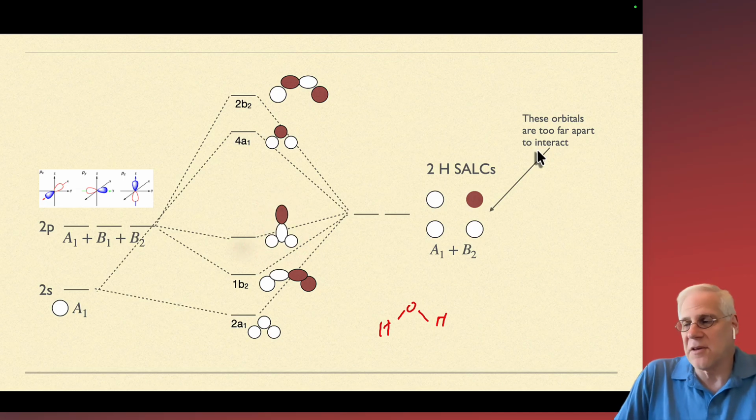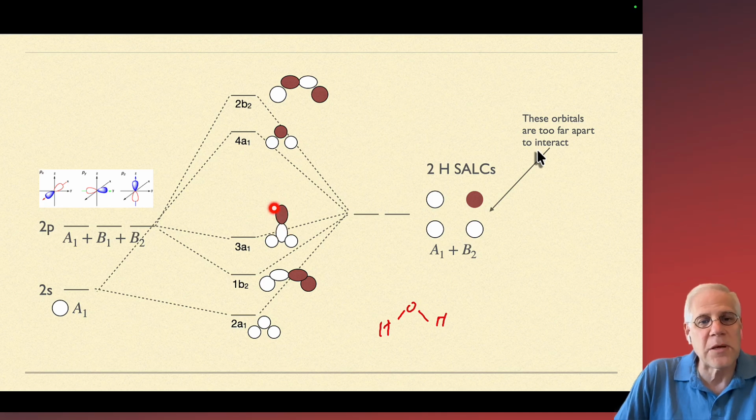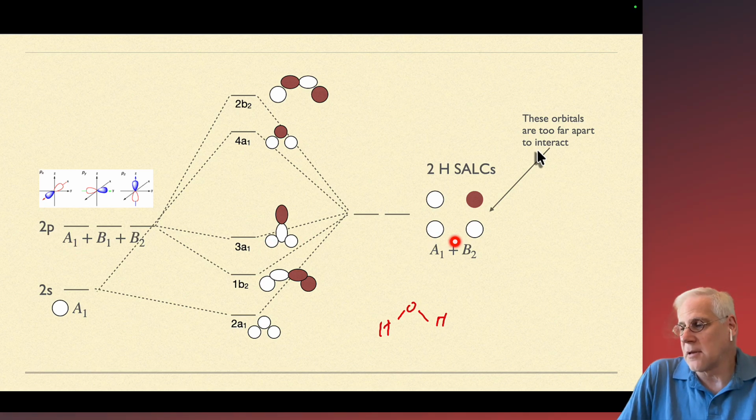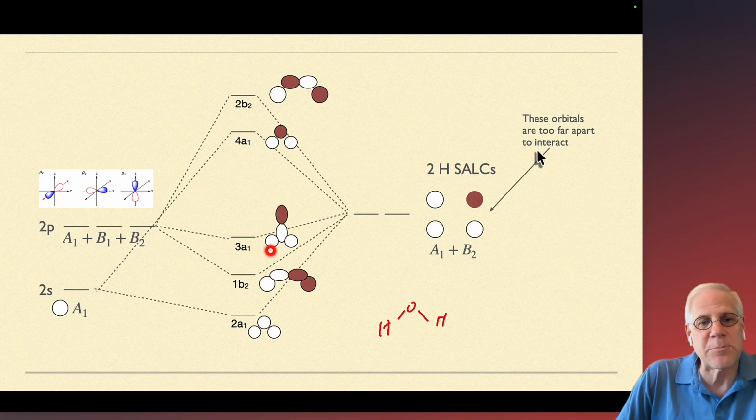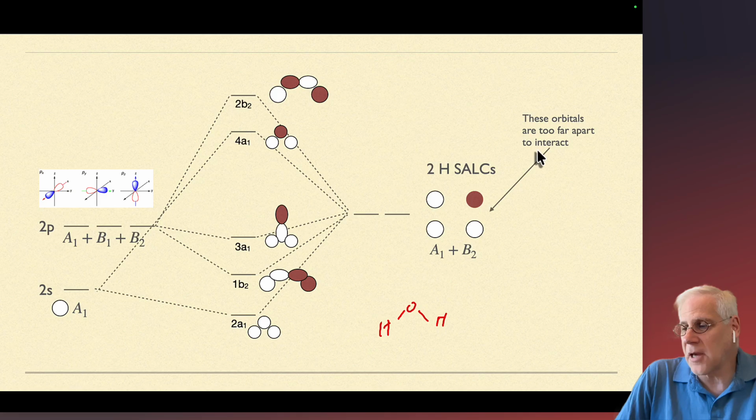The last one we have is this guy here, the interaction between the p orbital. So this would be our pz orbital on the water, and our A1 SALC. And so your pz does have an A1 symmetry, and we still have the A1 symmetry here. There is, however, very little electron density present in the SALC here, with the hydrogen atoms.